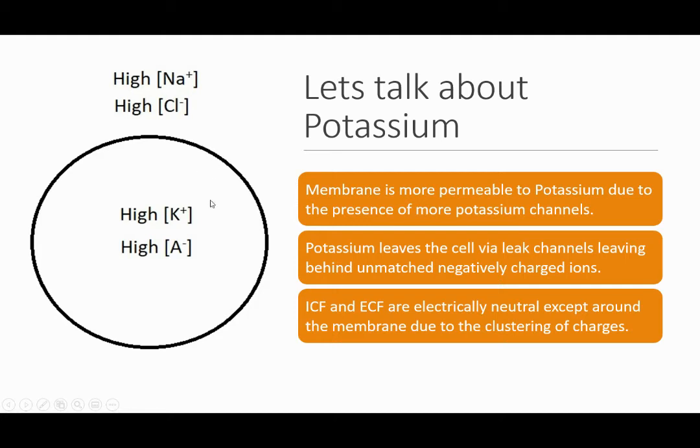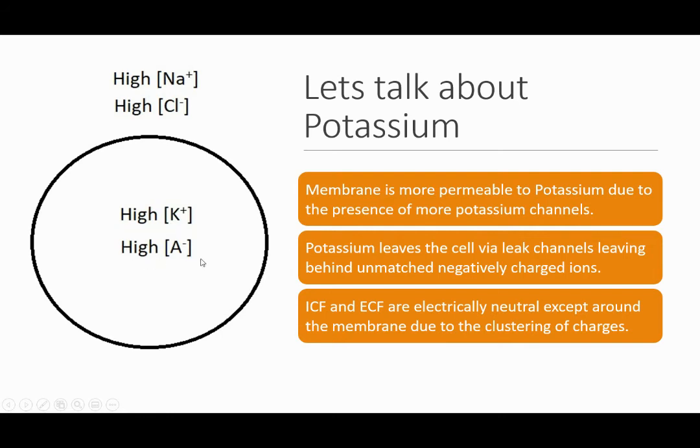So if we were to open potassium channels, potassium would tend to leave the cell because we have a high concentration, and as one of the laws of our physical universe, things like to go from a high concentration to a low concentration. So as potassium leaves the cell via these leak channels, they actually leave behind unmatched negatively charged ions.